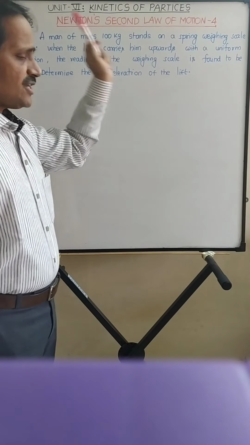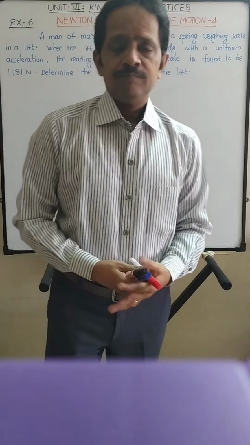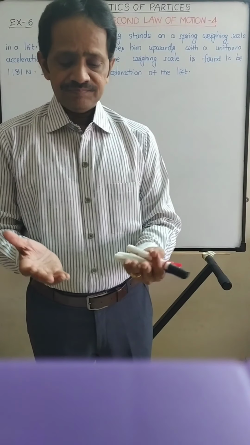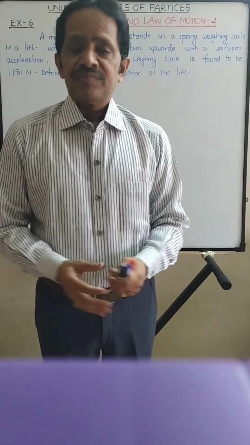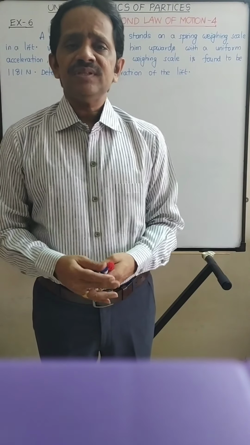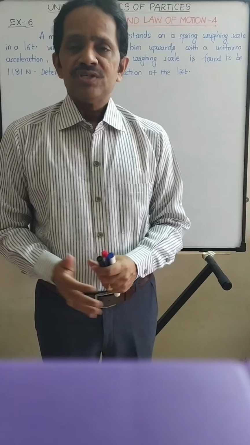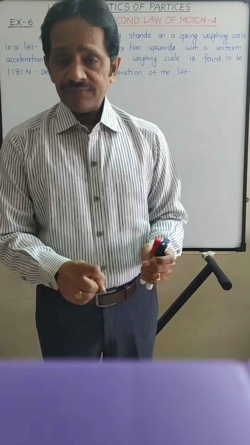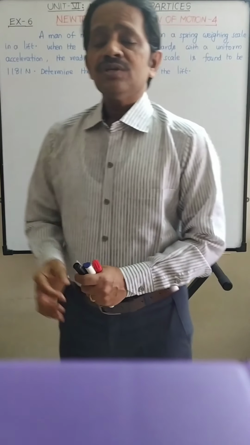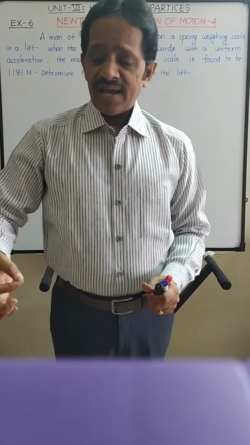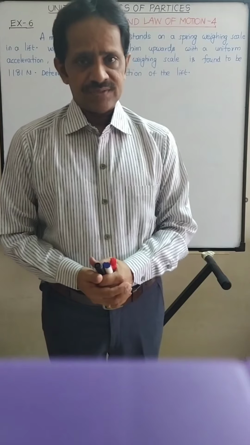Determine the acceleration of the lift. So there is a weighing scale in the lift and the man is standing on it. The lift is moving upwards with some acceleration. During that motion, the reading of the weighing scale is found to be 1181 Newton. You are asked to find the acceleration of the lift.